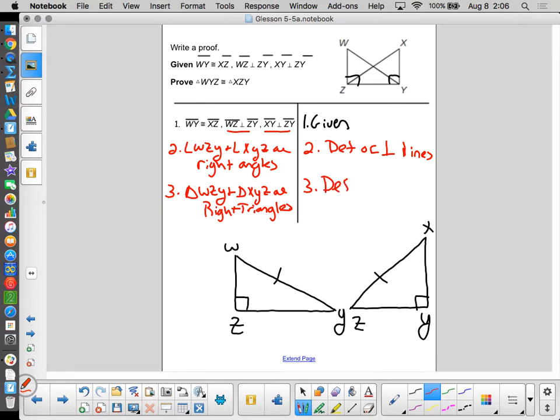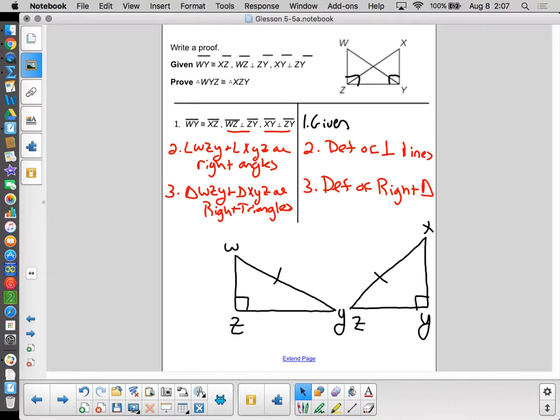By the way, that's the definition of a right triangle. Okay? I can't do hypotenuse leg unless I have those steps in my proof. I have to have those steps. Once I've established the right triangles, I have the hypotenuses congruent. We have that. That's the hypotenuse and the hypotenuse. Now I need one pair of corresponding legs congruent.